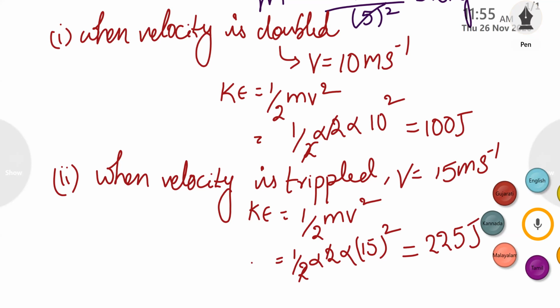This question was given in the CBSE exam 2012. So, body of mass m through a vertical height h.